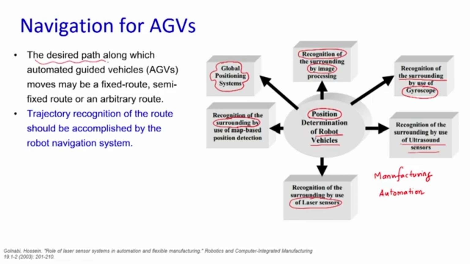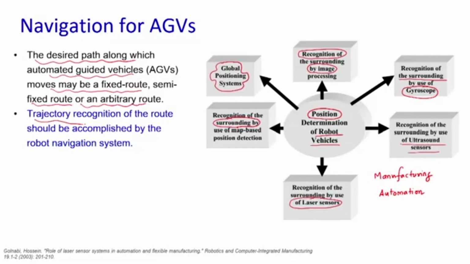The desired path along which the automated guided vehicle moves may be a fixed route or semi fixed route, or it may be utterly arbitrary, changing as per its own intelligence or knowledge. So, trajectory recognition of the route should be accomplished by the robot navigation system. When the robot based vehicles are moving on the shop floor, their trajectory has to be recognized and monitored continuously, and then the robots are navigated.